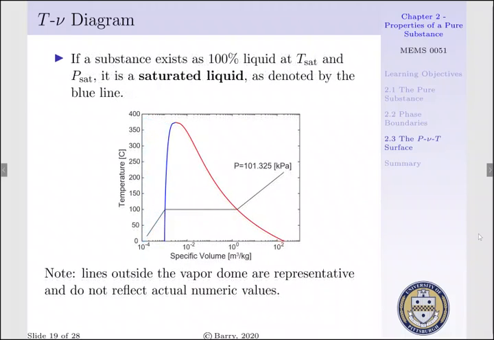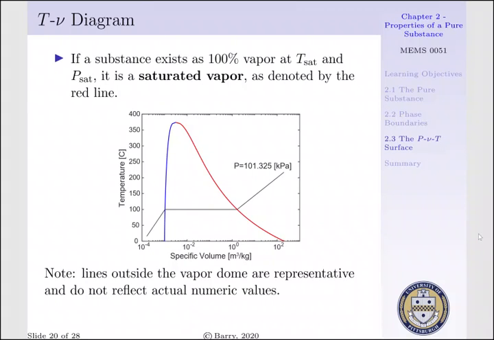If a substance exists as 100% liquid at a saturation temperature and corresponding saturation pressure, this is referred to as a saturated liquid, as denoted by the blue line on our TV diagram. Note our saturated liquid curve has unique specific volumes associated with a unique temperature value. If a substance exists as 100% vapor at a saturation temperature and corresponding saturation pressure, we call this a saturated vapor, and this is denoted by the red curve.